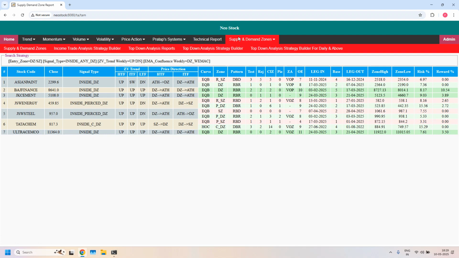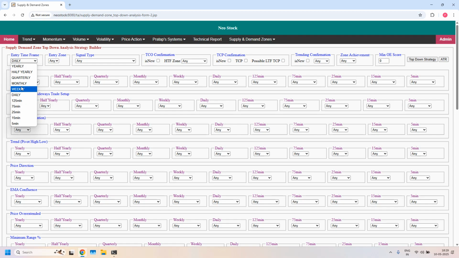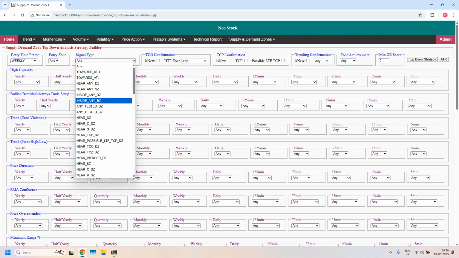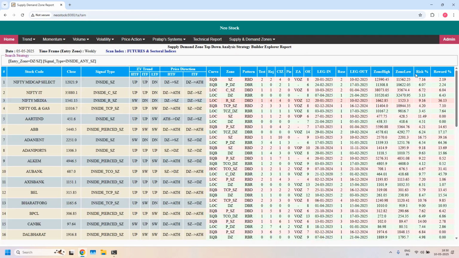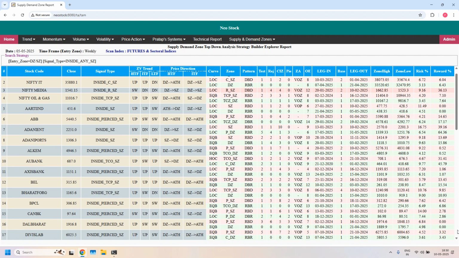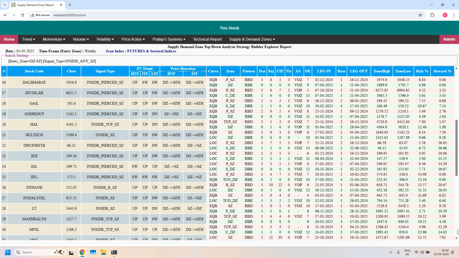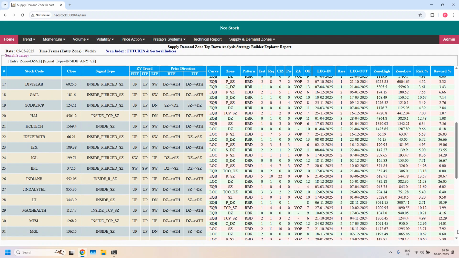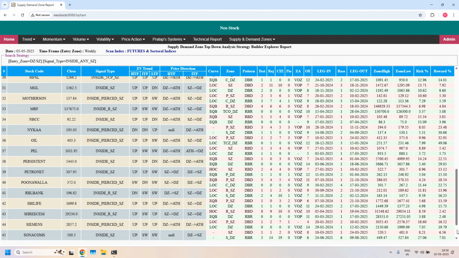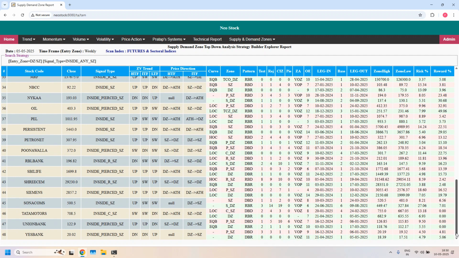Next, price closed inside the weekly supply zone. First 16 stocks in the list. Scrolling the list down. So total 48 stocks are filtered.